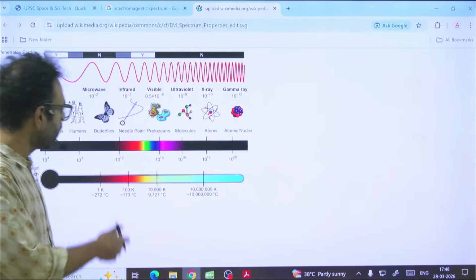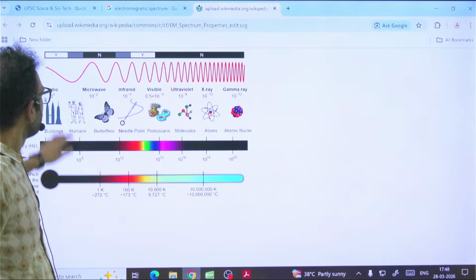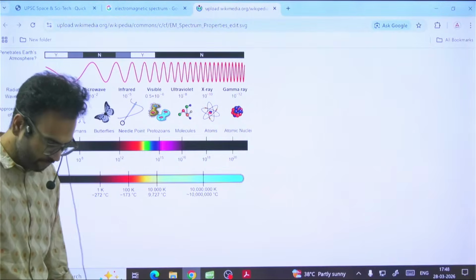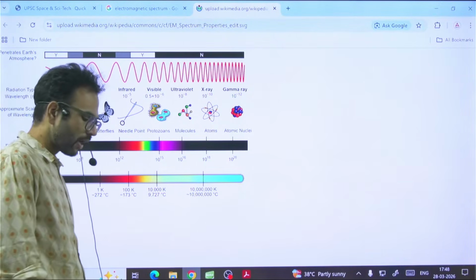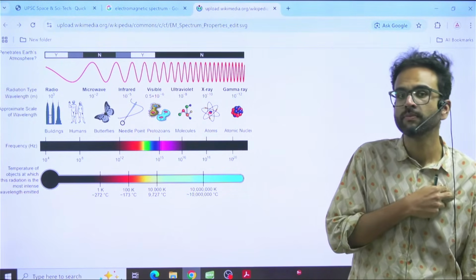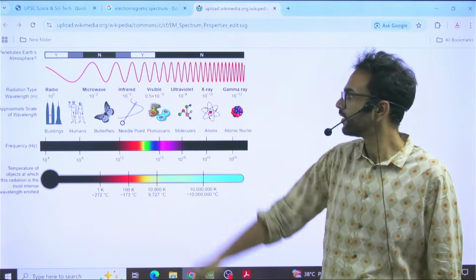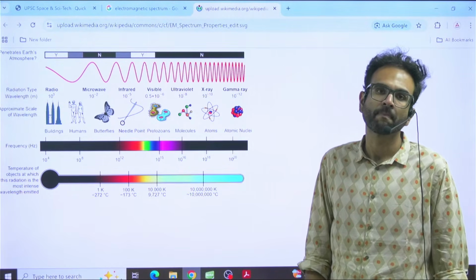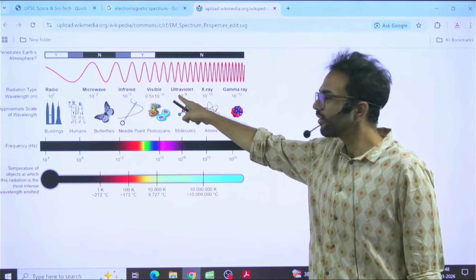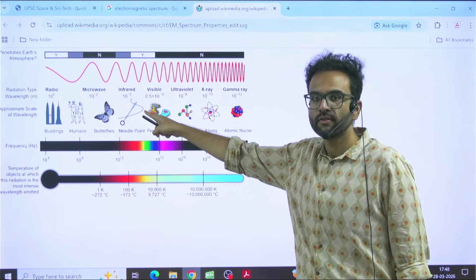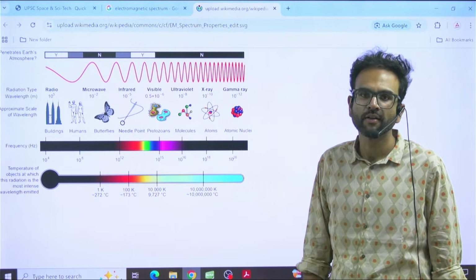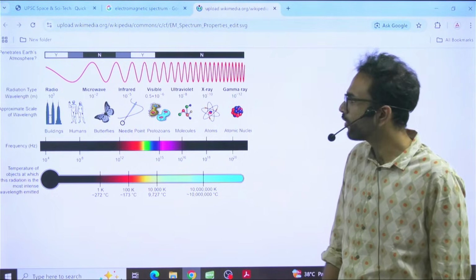Alright. So, understanding the spectrum: radio, microwave, infrared, visible, ultraviolet, X-ray, gamma ray. Now, a quick question. Our 5G technology is in which range? Here? Infrared? Micro?